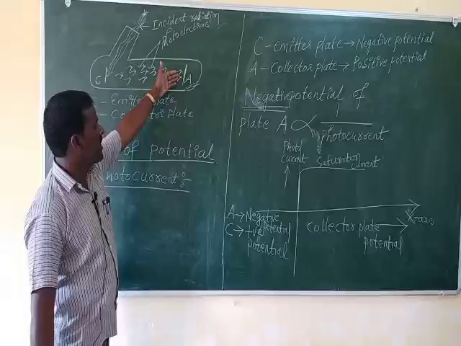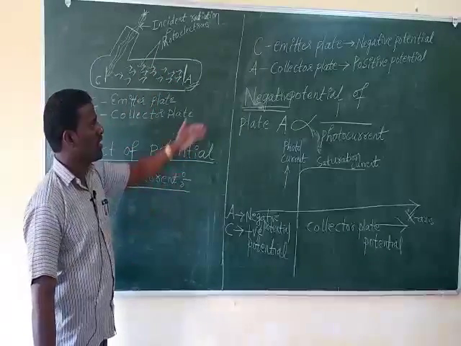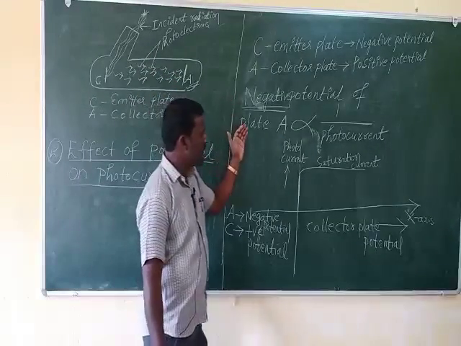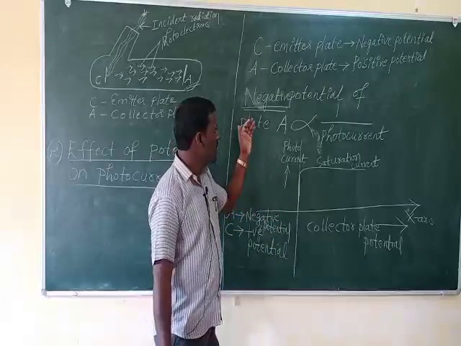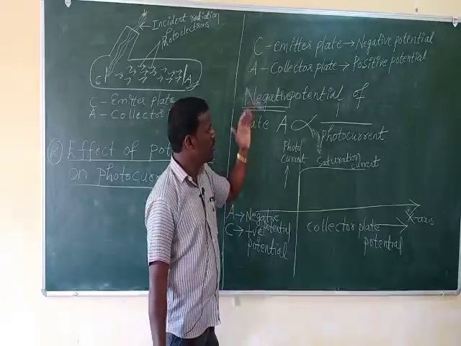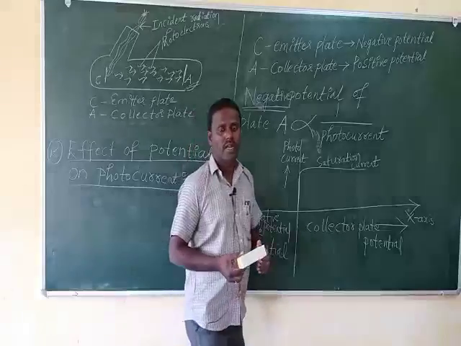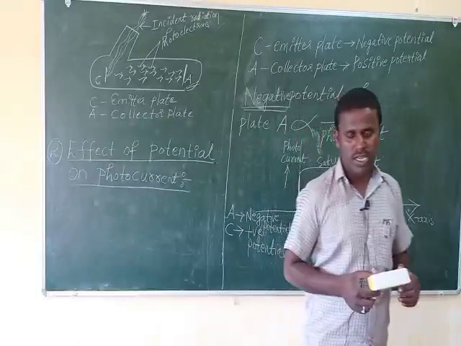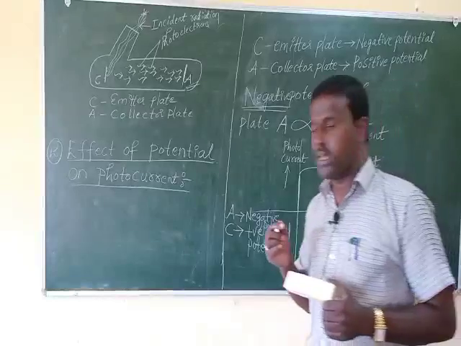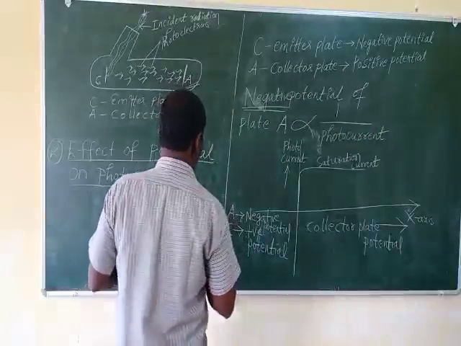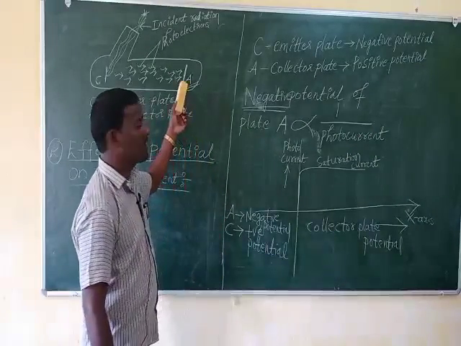Now plate A has negative potential, so the negative potential of plate A is inversely proportional to photocurrent. If plate A is made negative, the photocurrent decreases. Now imagine you are increasing the negative potential of plate A.